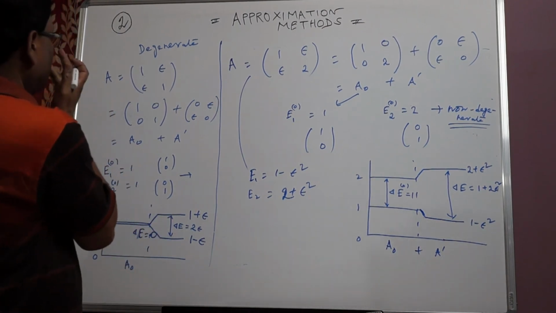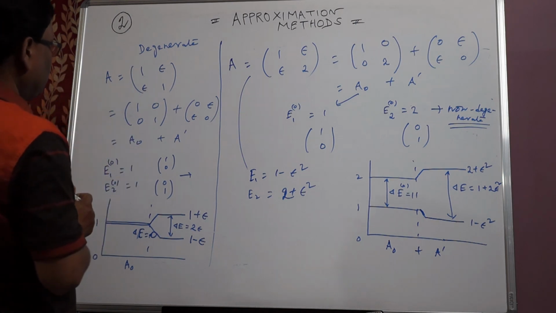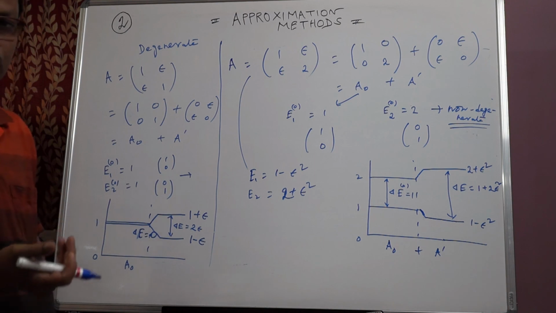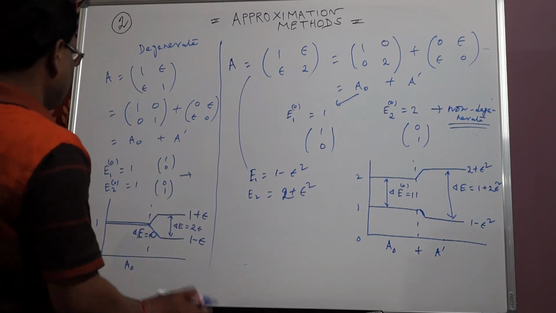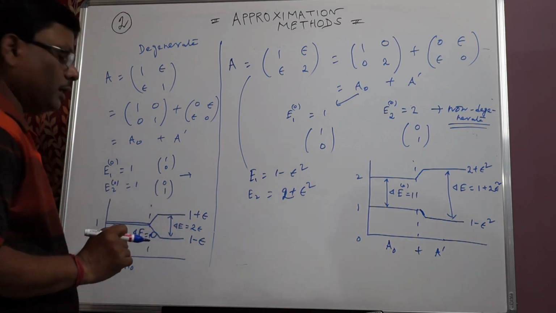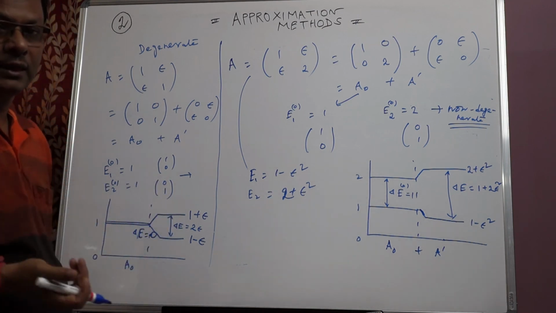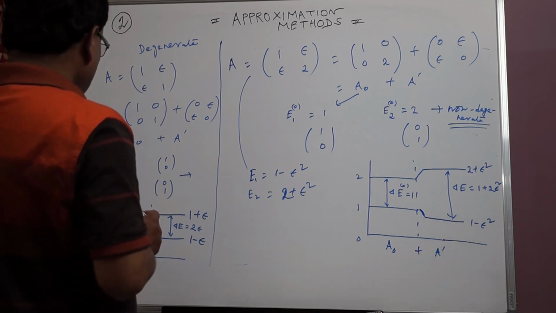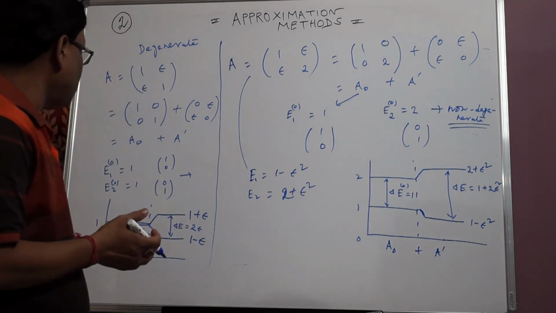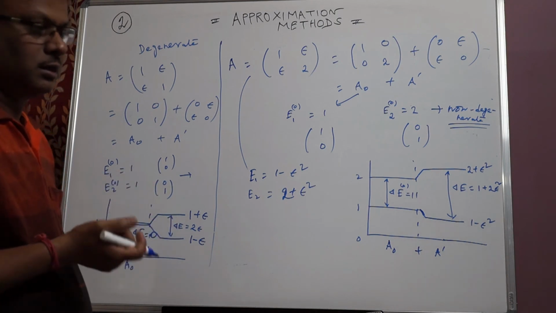What do we learn from this example for the degenerate case? If we apply a small perturbation, it removes the degeneracy of the eigenvalues of the exactly solvable part, and it splits the energy level.